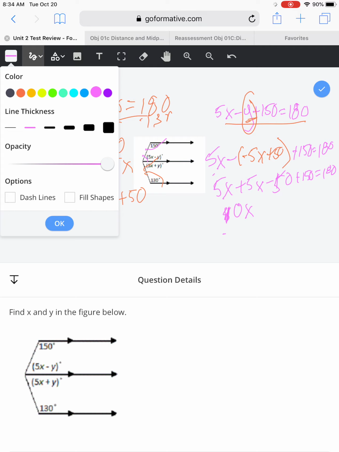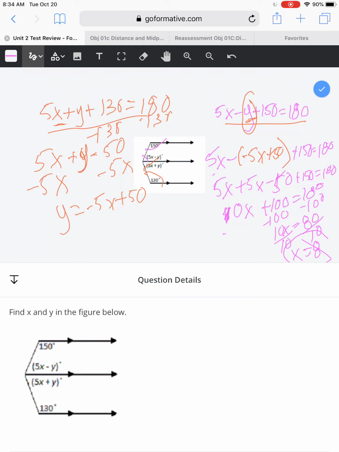This is going to be 10x plus 100 is equal to 180. Subtract 100. 10x equals 80. X is equal to 8.